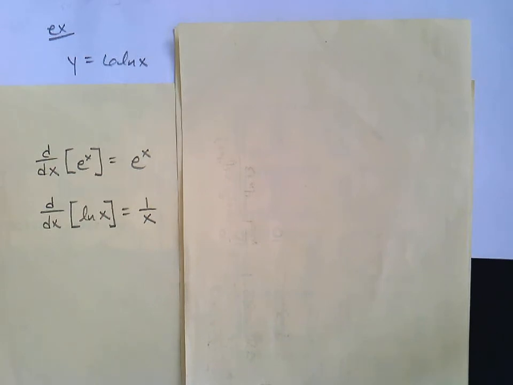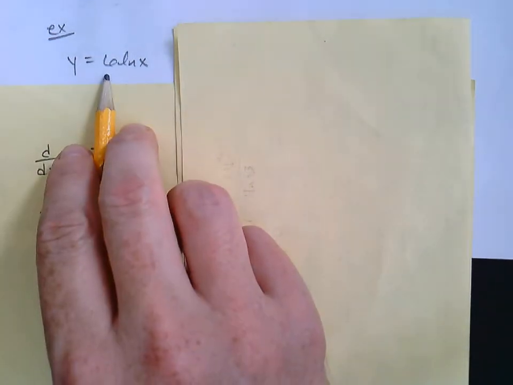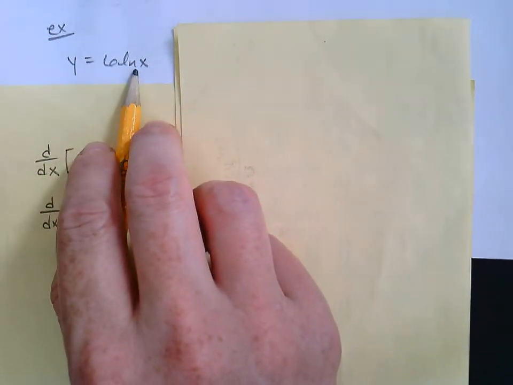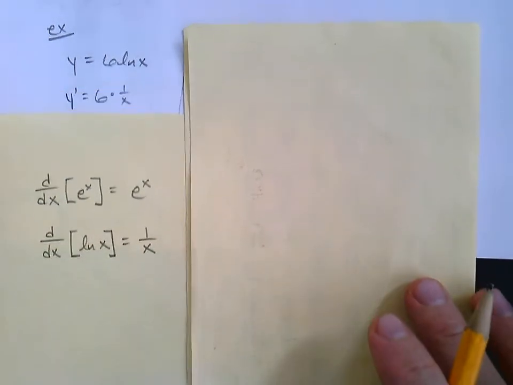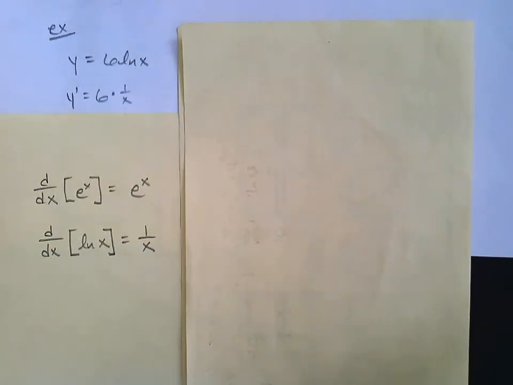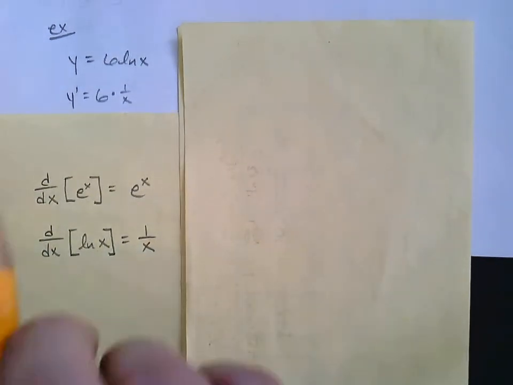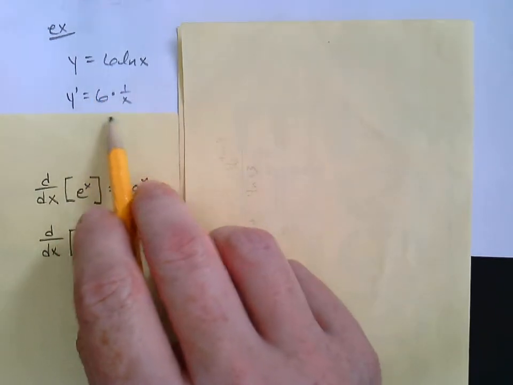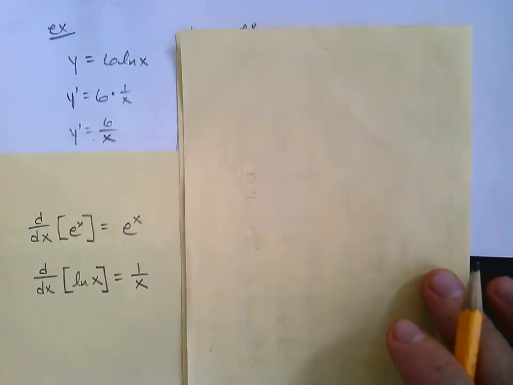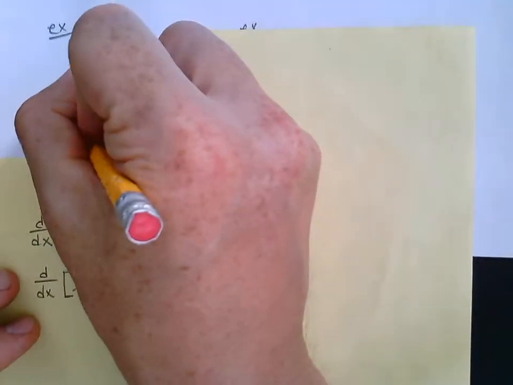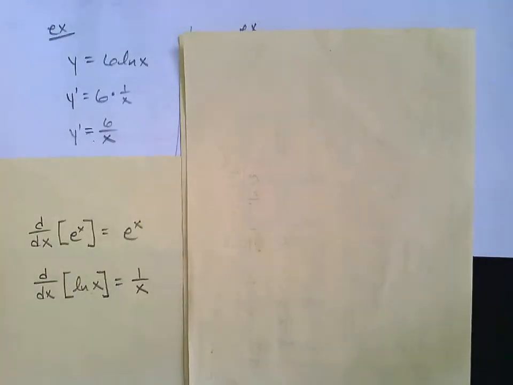What's the derivative of 6 natural log of x? Well, it's got that constant multiple, 6, and I know the derivative for natural log x, so that's 6 times 1 over x. But we might not give this as our final answer because we can multiply those together and just say y prime equals 6 over x.